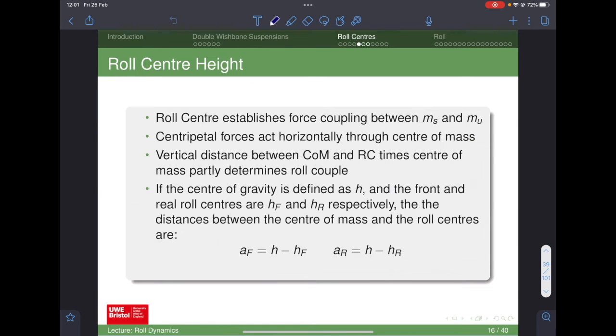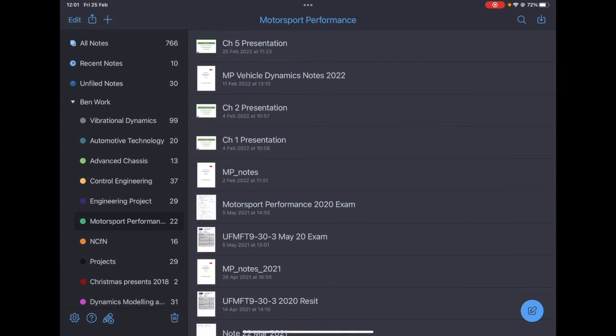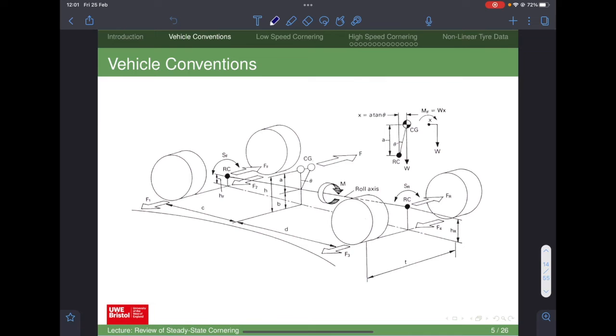So if I go back to that picture, chapter 2, you've got hf here and hr here, that's the height of the roll centres, and clearly af is the distance between this point and the height of the centre of gravity. Knowing what those things are, and the length of the wheel load, you can actually work out what a is.